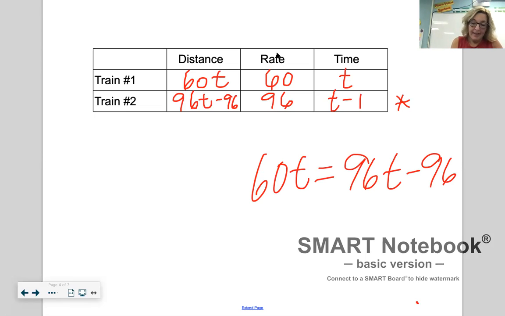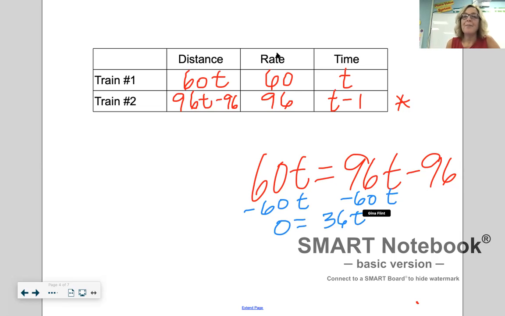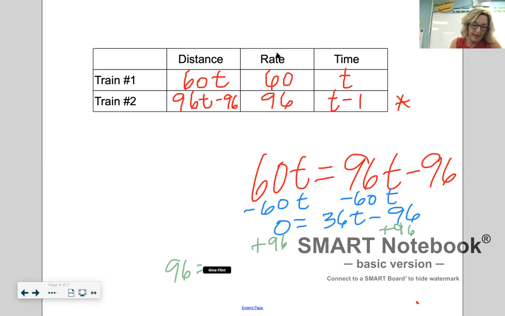I would subtract 60t from both sides because I want my coefficient to be positive. So we have 0 is equal to 36t minus 96. Then I would add 96 to both sides, so 96 is equal to 36t, and then we divide both sides by 36.